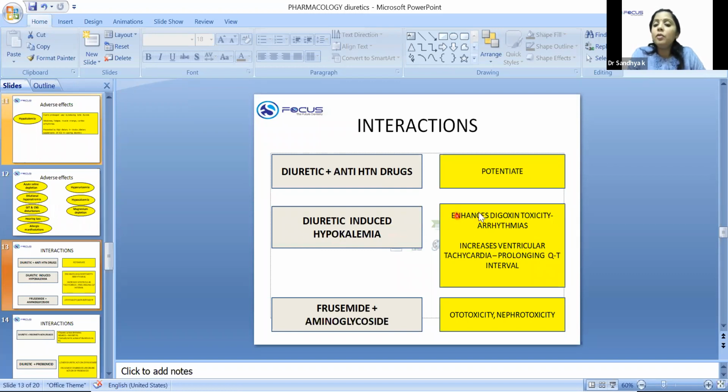So definitely for a cardiac failure patient, digoxin will be given. Digoxin is usually included in the management of cardiac failure. So what will happen? We have given a diuretic, and as an adverse effect of the diuretic, the patient now has hypokalemia.